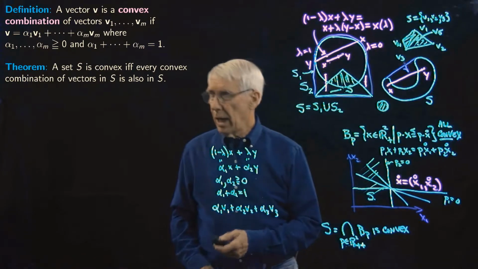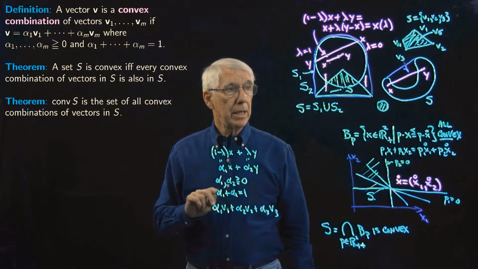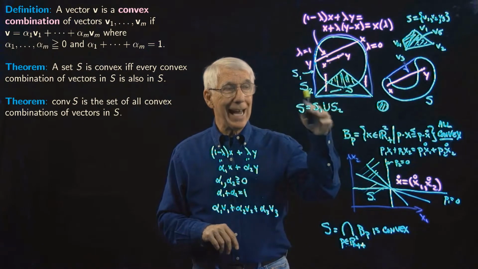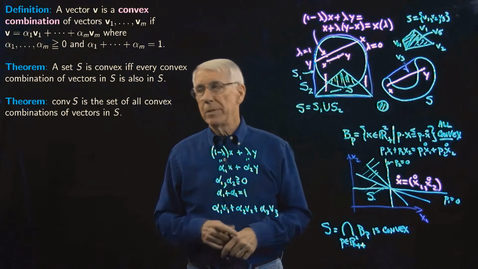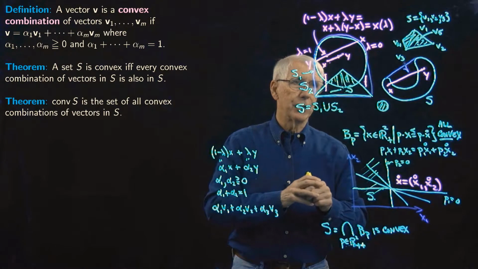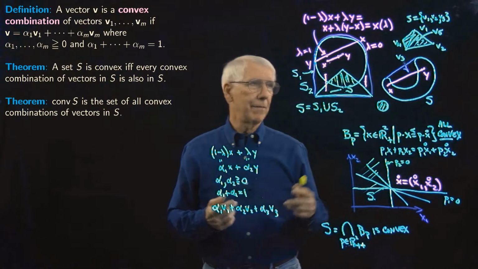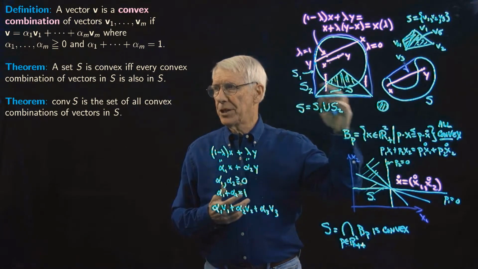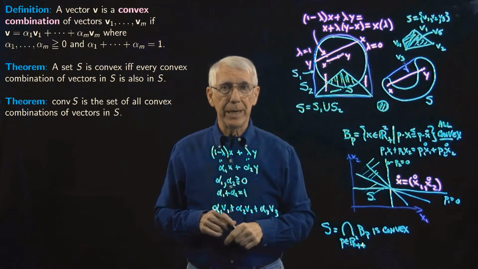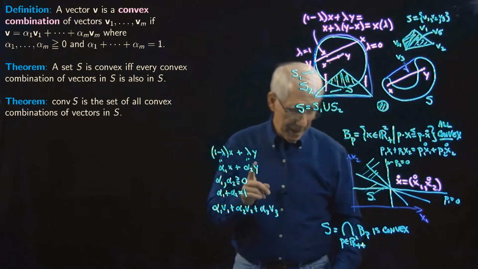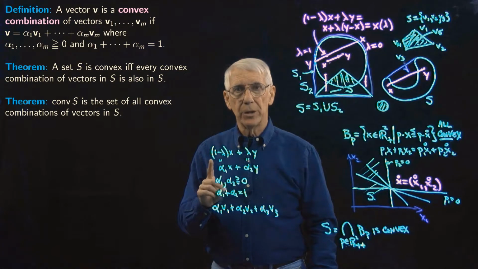So let's see here. Now this theorem says what we just kind of guessed a few minutes ago, and that is this close relationship between convex combinations of vectors and the convex hull of a set. This says the convex hull of the set is actually just precisely the set of all convex combinations of vectors in S. So that means, remember, the term characterization or characterization theorem.